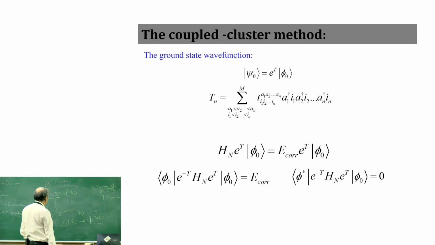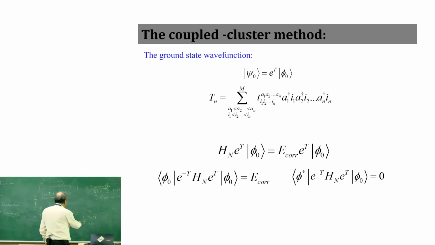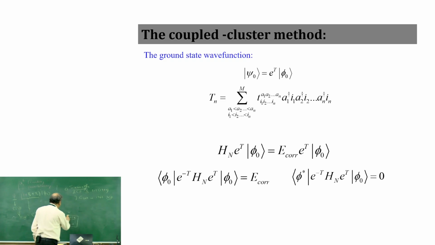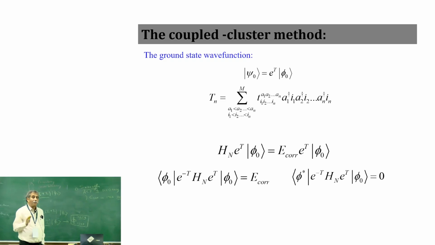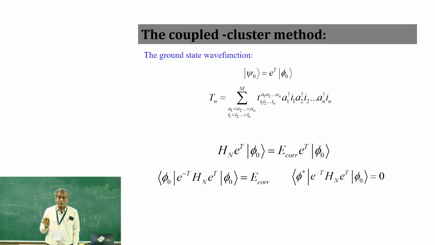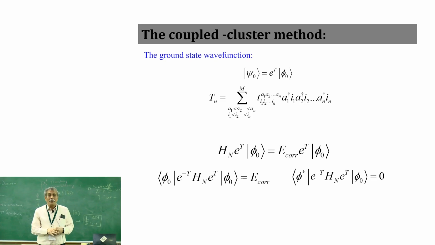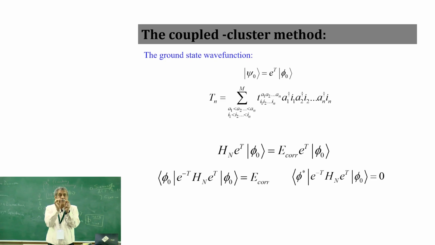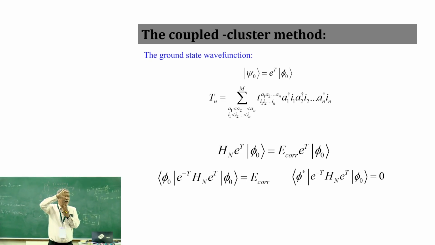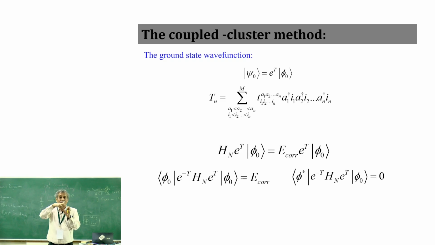What Sinanoglu said is the following: this particular excitation by itself, 4-body excitation, the probability is very less. Why is it less? Because in a spatial orbital, there are only 2 electrons. So the 2 electrons can come close together, a very qualitative argument, and then get excited. 4 electrons are not very easy to come together because they are in 2 different spatial orbitals.